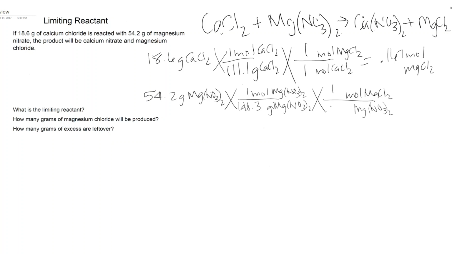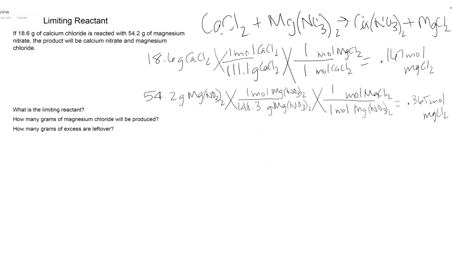The coefficients are 1, so it's a 1-to-1 relationship. When we do 54.2 times 1 divided by 148.3 times 1 divided by 1, we get 0.365 moles of MgCl2.